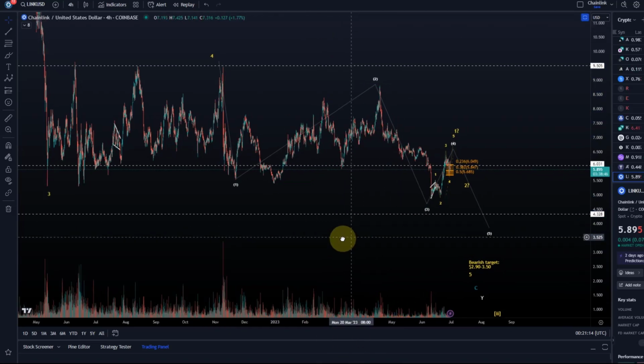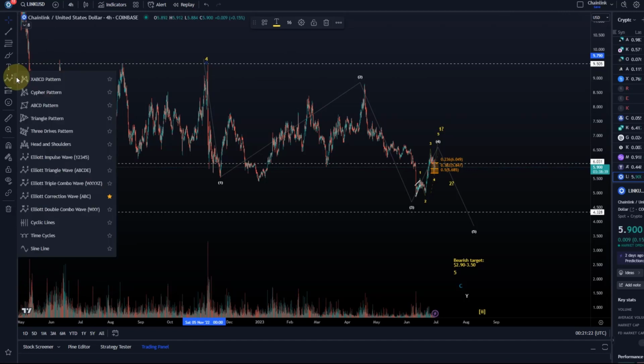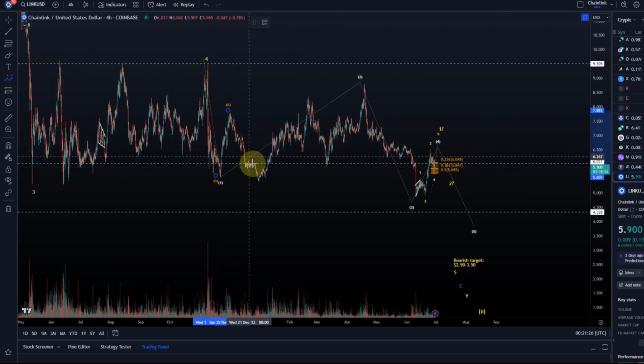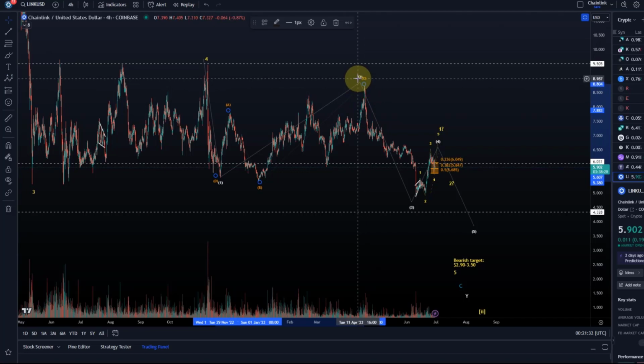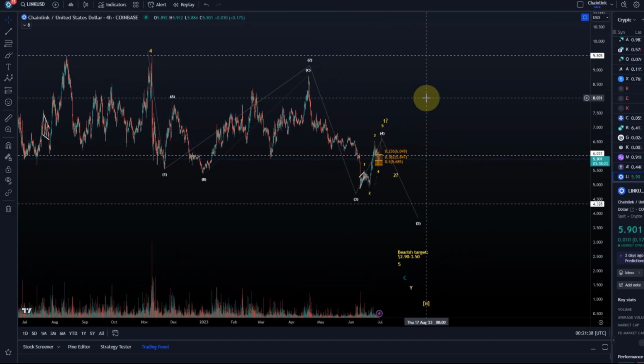So basically wave 4 topped on the 8th of November, a wave 1 to the downside, then here an ABC structure, A, B, C to the upside, like this. And then we have a valid structure that we can deal with here.